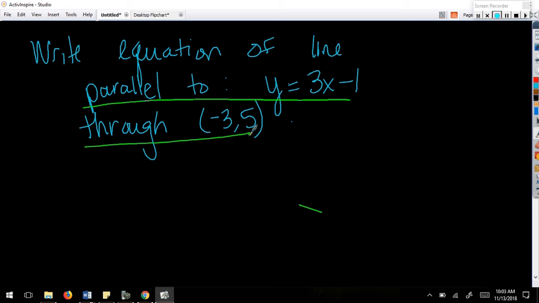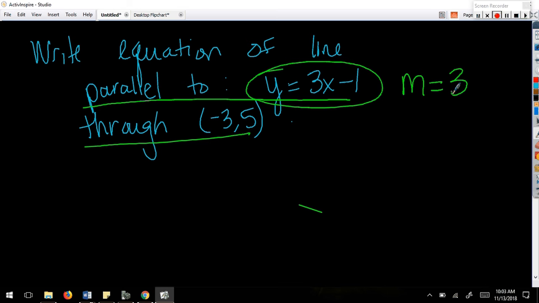Tell me, if it's parallel to this line, what does that mean as far as the equation? Same slope, right? So what does my slope have to be? 3. Well, it's not perpendicular, it's parallel.